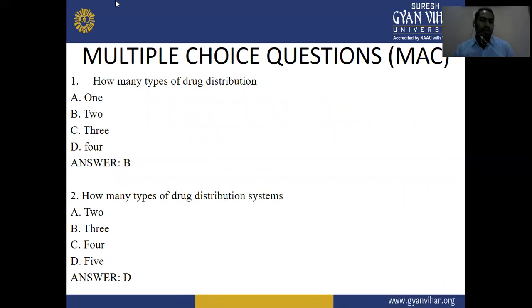How many types of inpatient drug distribution system? Option A is 2, option B is 3, option C is 4, and option D is 5. The right answer is D. Five types of drug distribution systems.